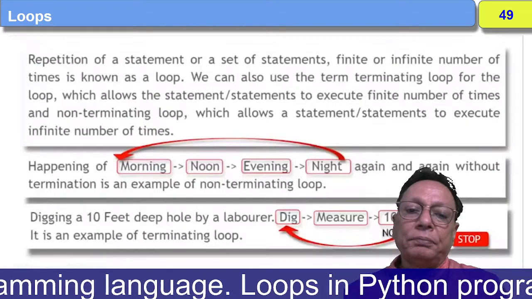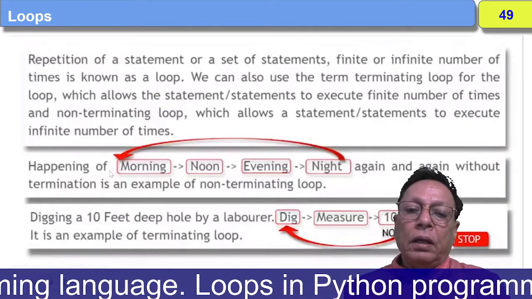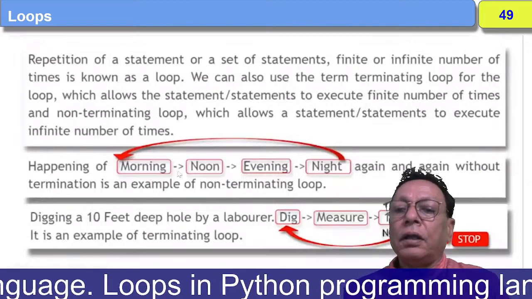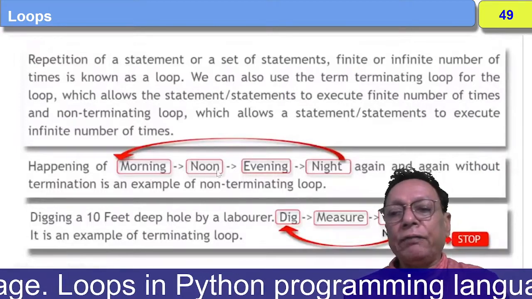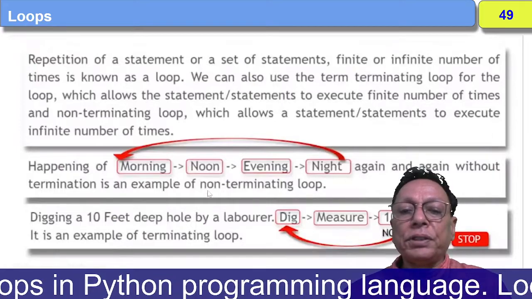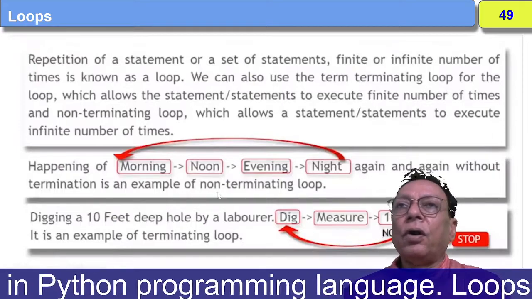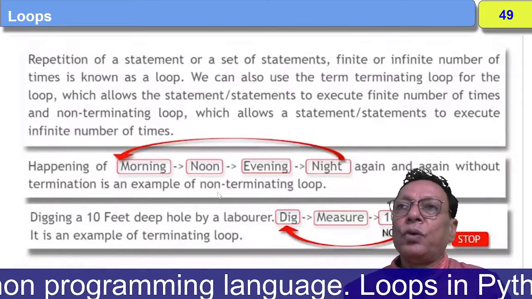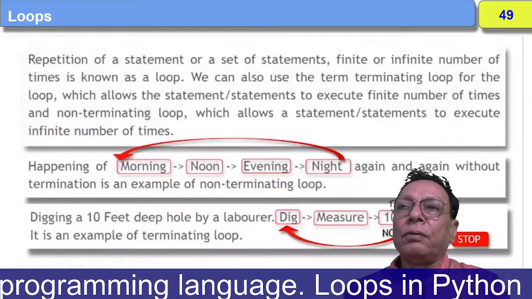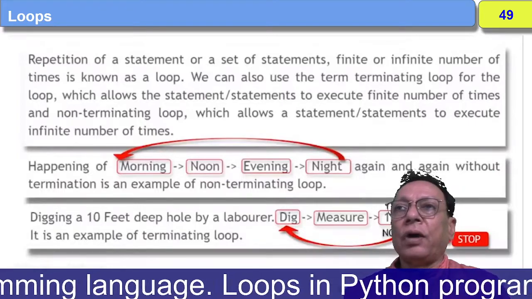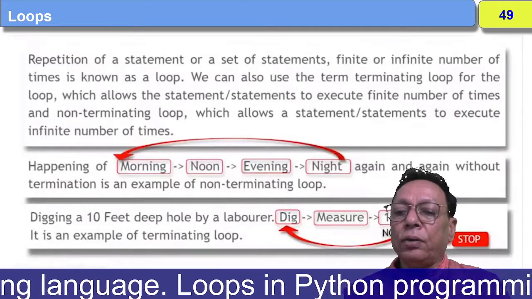For example, happening of morning, then noon, then evening, then night, and again without termination is an example of non-terminating loop. Okay, so the loop which runs infinite times is known as non-terminating loop.